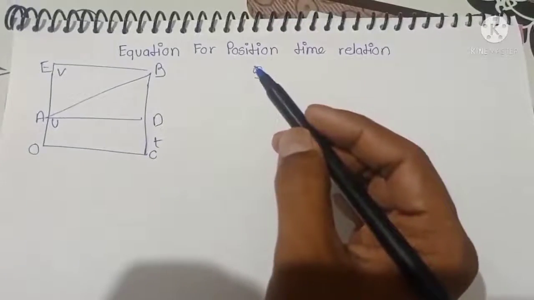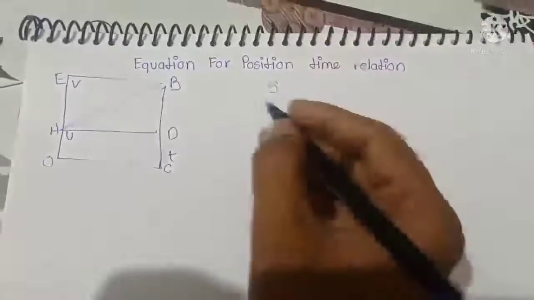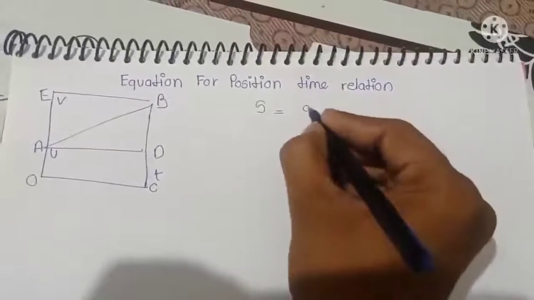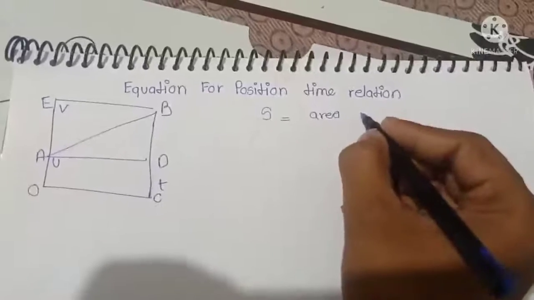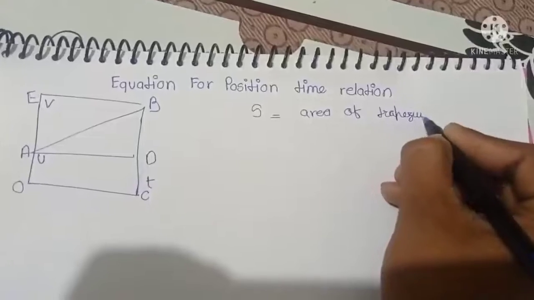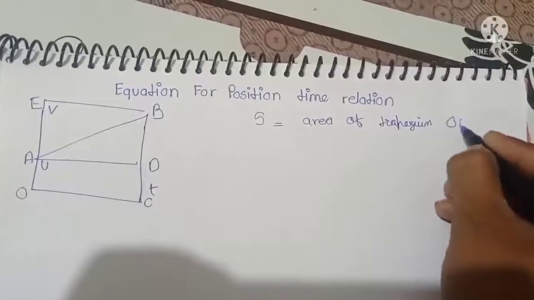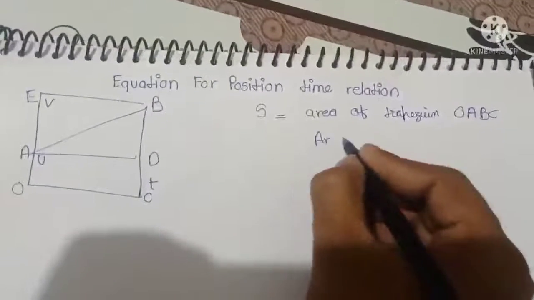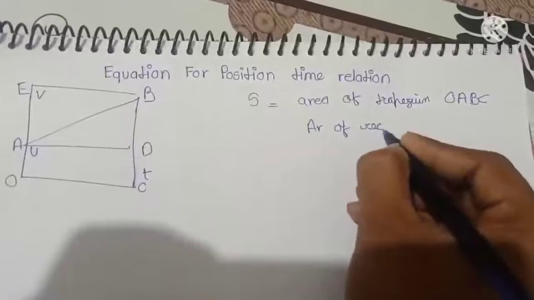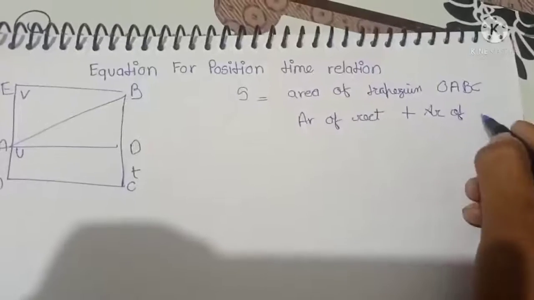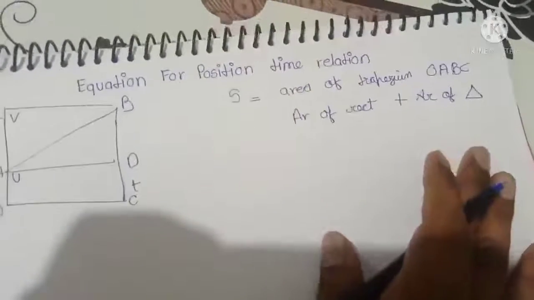As we know from the previous graph, our formula was displacement, distance or displacement, is equal to the area of trapezium OABC, which is equal to the area of rectangle plus area of triangle.